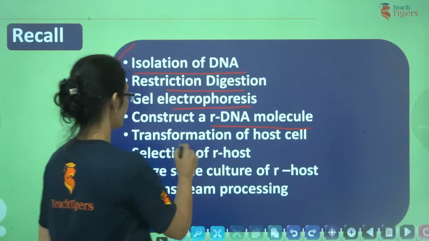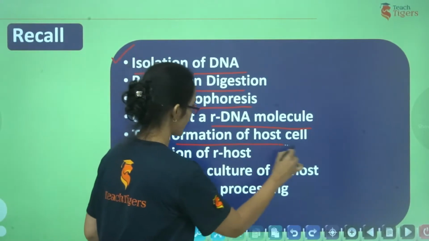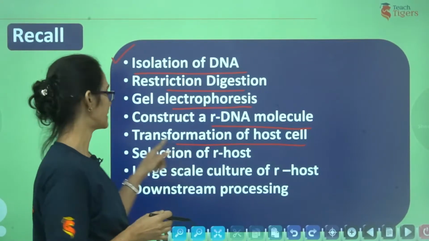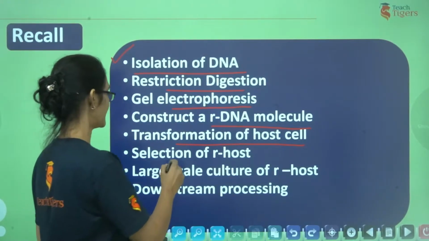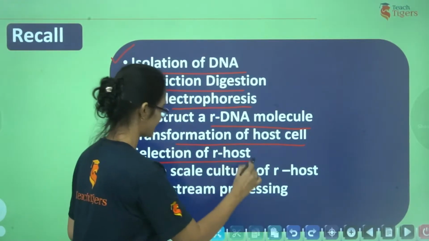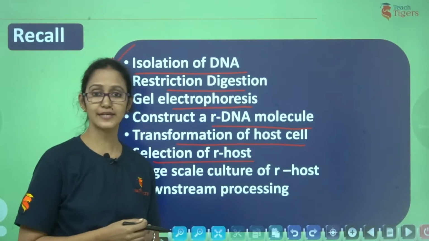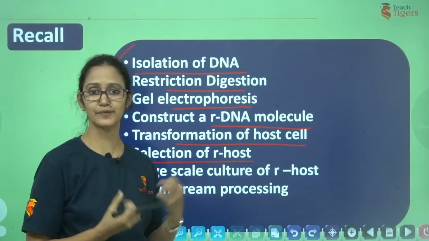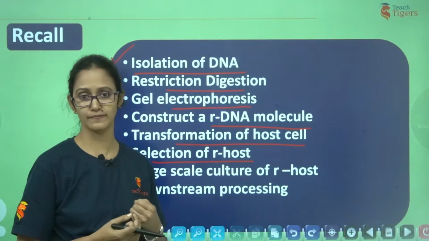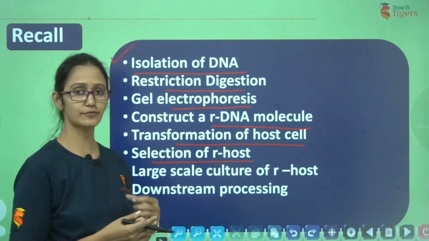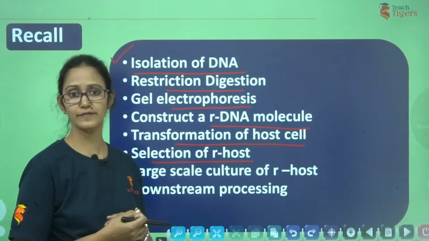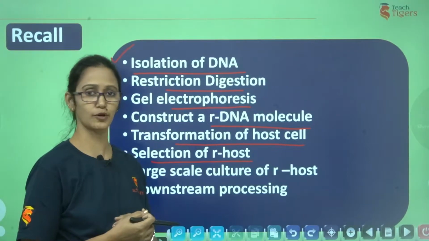Now, once the recombinant DNA is designed, you insert it into a host cell in a process called transformation. Now the transformed cell should be selected. Why? Because screening is important, because not all the host cells have taken up the recombinant DNA molecule. For this reason, you have to select the recombinant host which contains the recombinant DNA molecule.